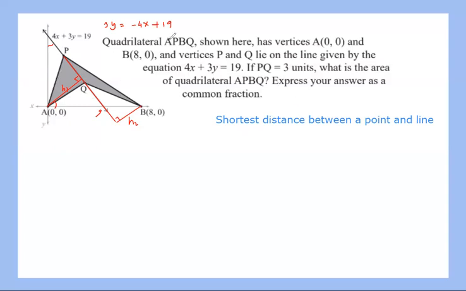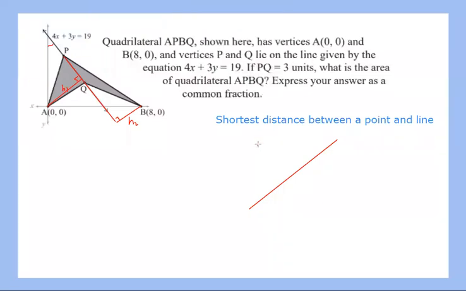But for this video, I'm actually going to ask you to remember another approach. Whenever you have a point and a line, let's say this is a line, and you want to find the shortest distance between a point and that given line.